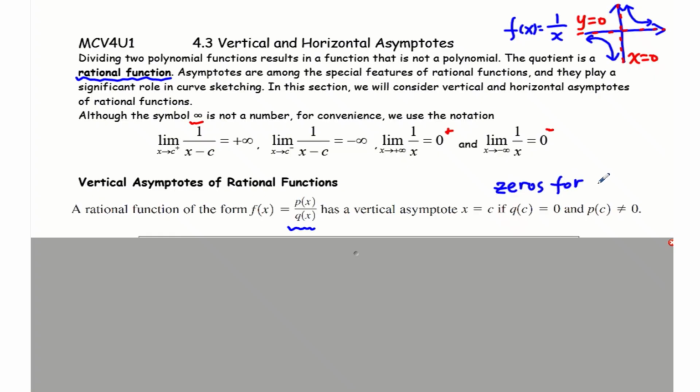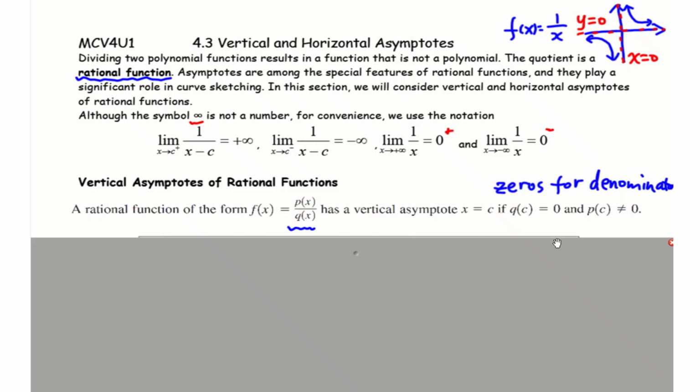So what we are going to do is just find the zeros for the denominator. Then they are the vertical asymptotes. And here p(c) is not 0.